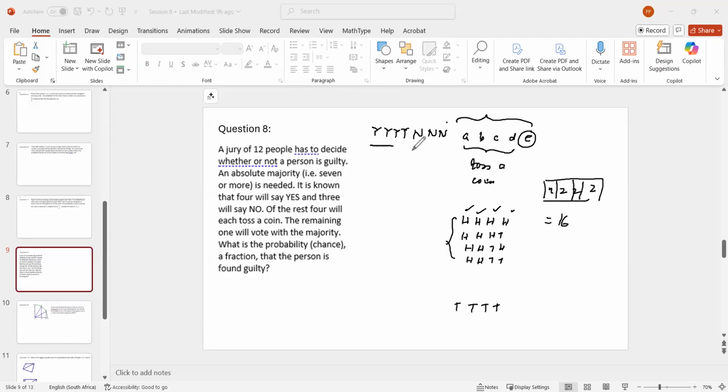Now you got 4 yeses. Now, if one of these is a yes, then you got 5 yeses and 6 no's. So that's not a majority. Right? You want to find out whether he is guilty.